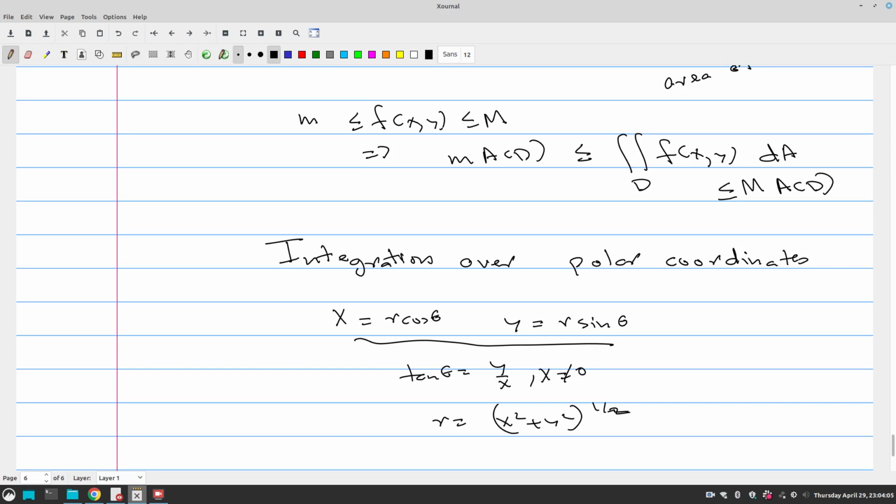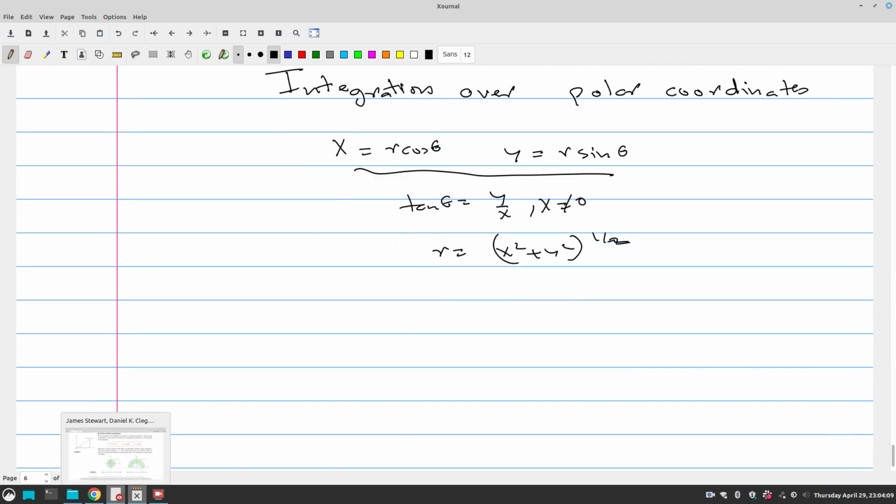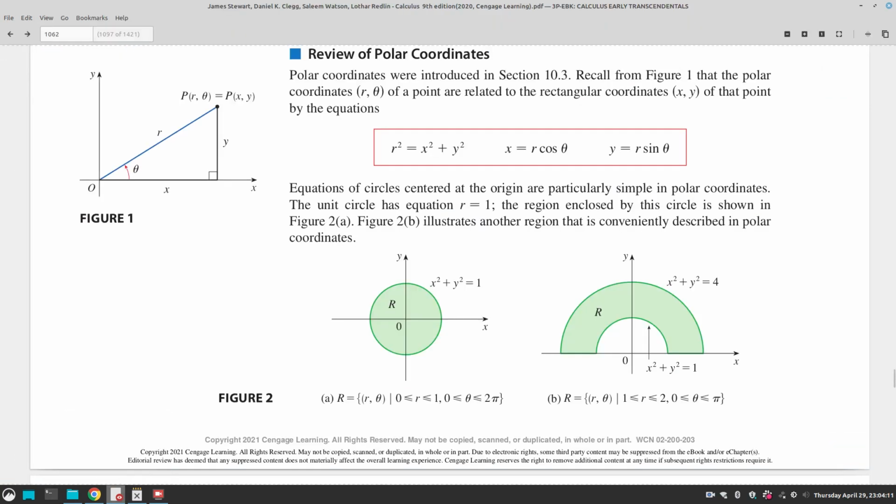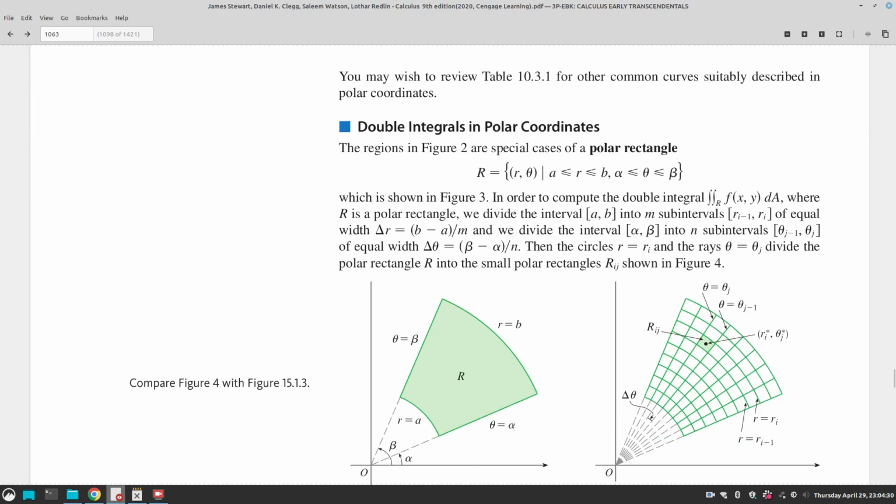So this is the relationship between polar and Cartesian coordinates. Now, if you have a region that's described by a circle, or a region between two concentric arcs of a circle, it's best described by polar coordinates. I'm assuming that you're already familiar with polar coordinates from high school.